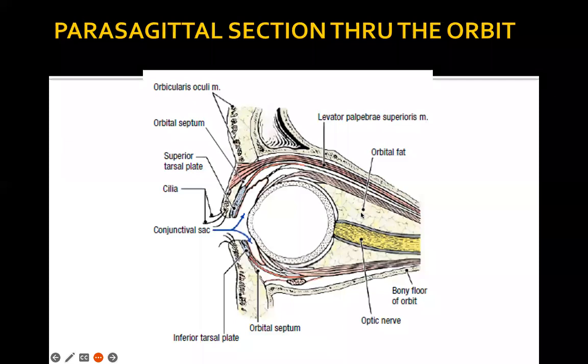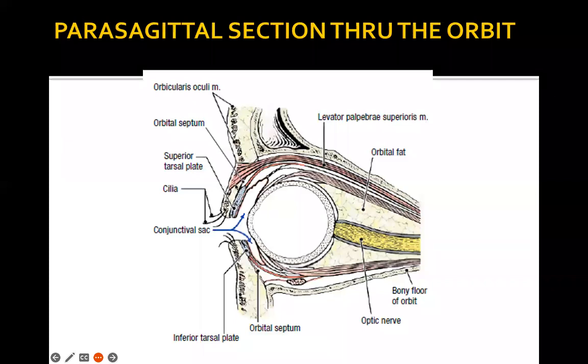And that is the fat. That is a muscle that has an effect on the eyeball, levator palpebrae superioris muscle. Okay, so levator, it helps to elevate, and then it's obviously going to raise the eyelid.